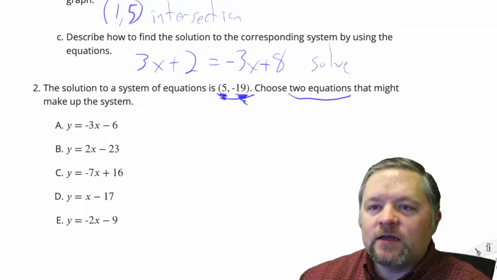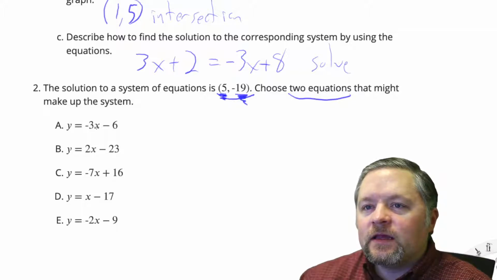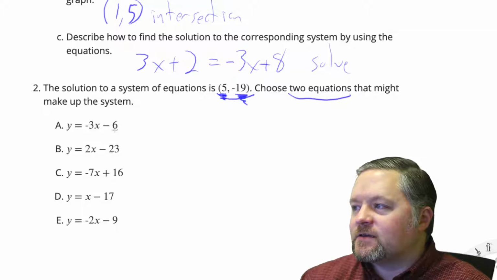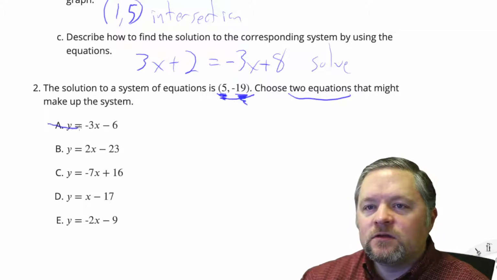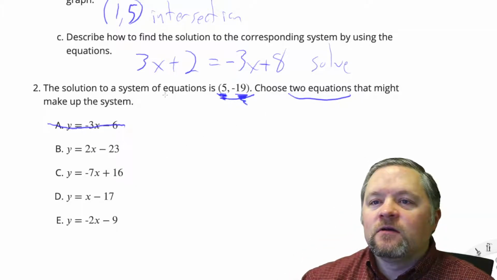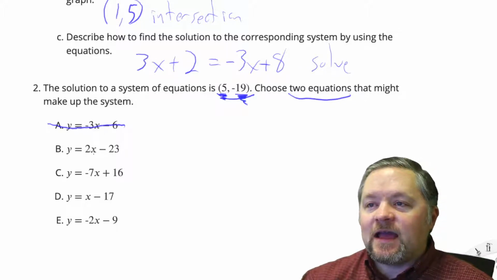Negative 3 times 5 is negative 15. Subtract 6 is negative 21. That's not negative 19. That one can't work. Okay, 2 times 5 is 10.